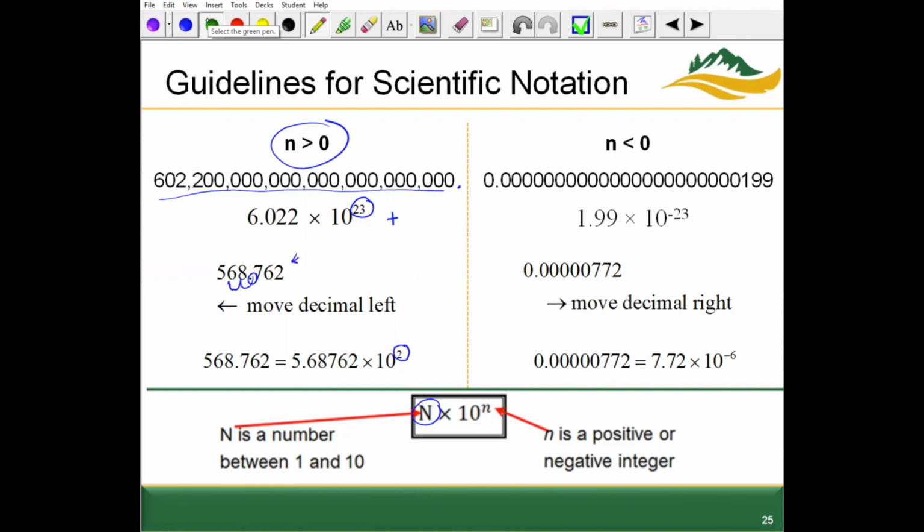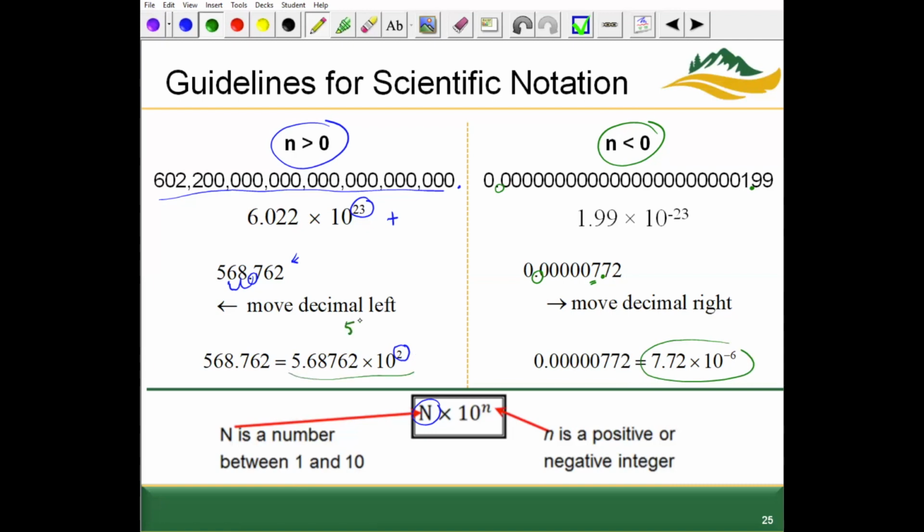Over here with values that are less than 0, again, we would take the placement of the decimal point, but instead of moving it to the left to get to this spot, or here, and then to get to this spot, remember we want just one number to the left of that decimal point after we make the value into scientific notation. So that's a correct form of scientific notation, and this is a correct form.